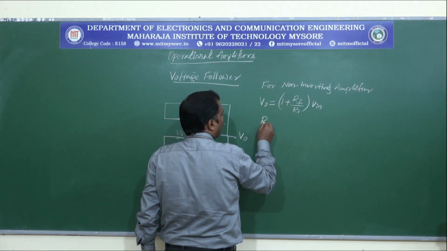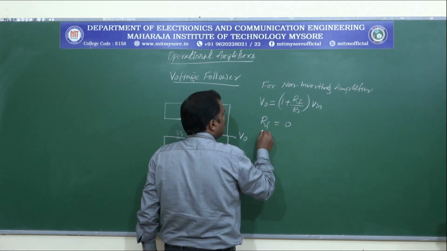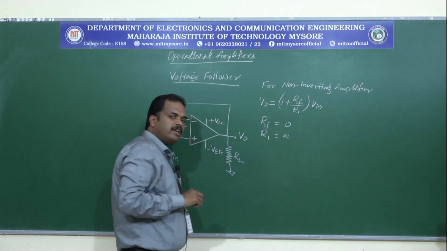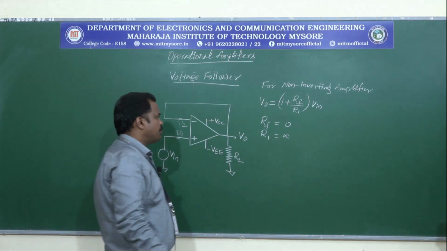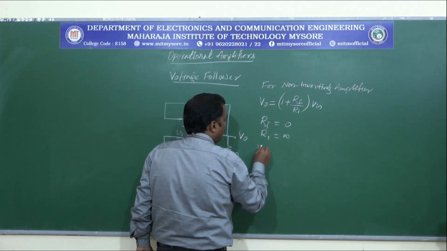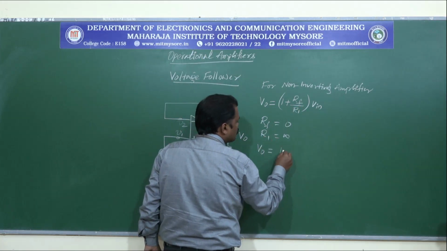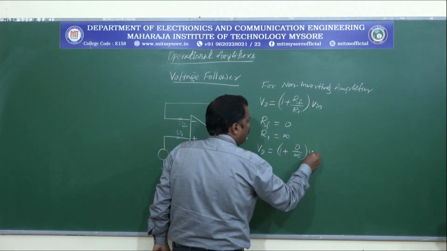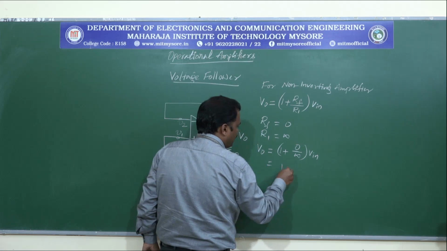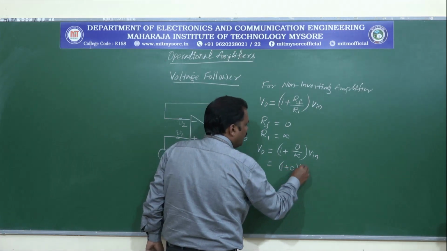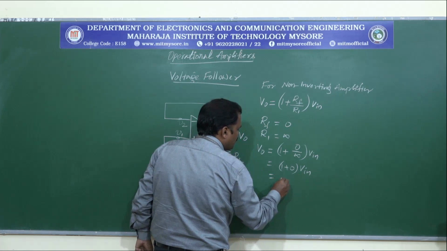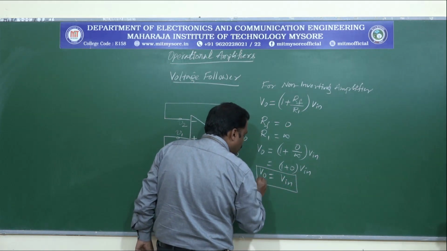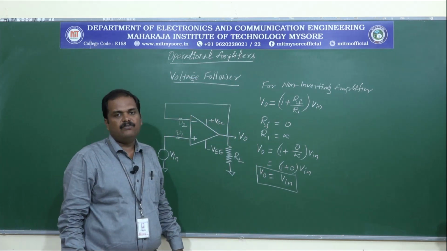So here Rf will be equal to 0 and R1, the input element, is going to be infinite because of the open circuited condition. So substituting these here, we have V0 equals 1 plus 0 by infinity into Vin, which is nothing but 1 plus 0 into Vin, which is nothing but Vin. So here V0 is going to be the same as Vin.